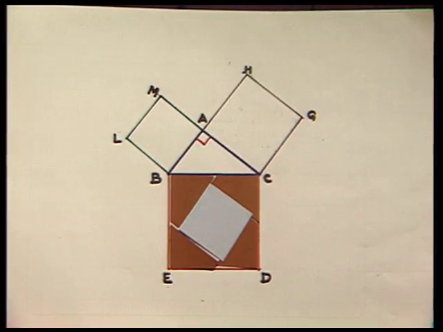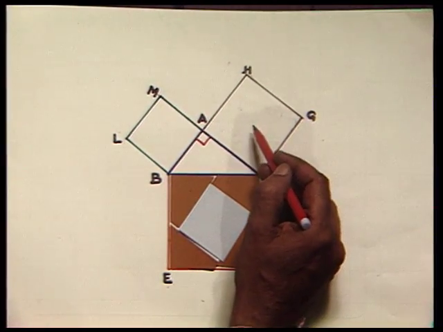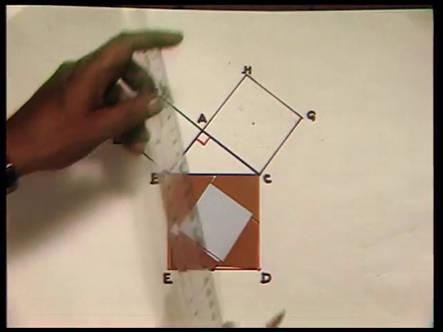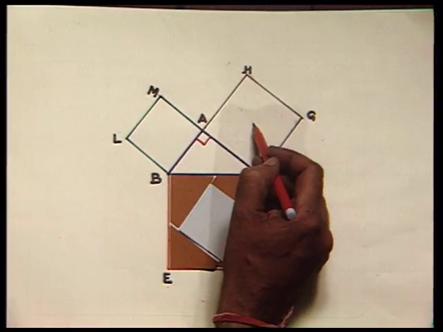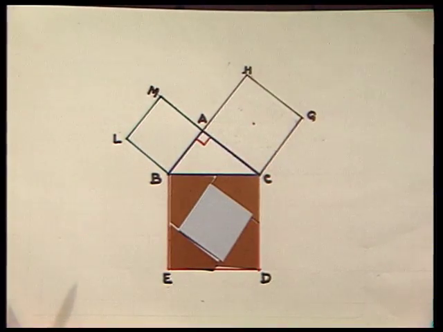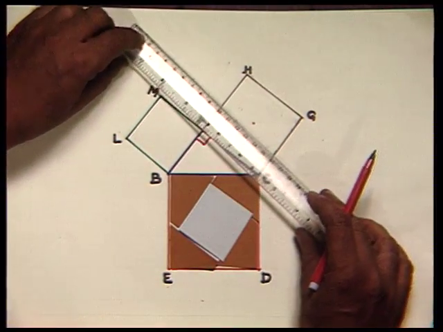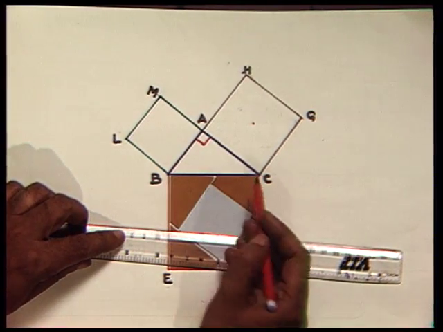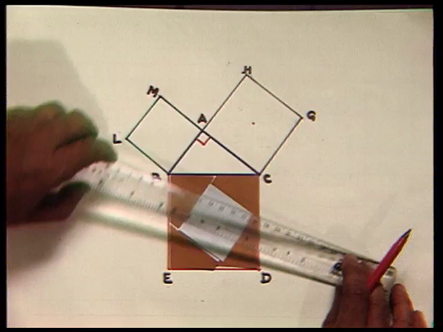These 4 parts are obtained first by getting the center of the square, which is obtained by joining the diagonals. This is that point, and then at this point we draw a line parallel to the hypotenuse, that is the side opposite to the right angle.